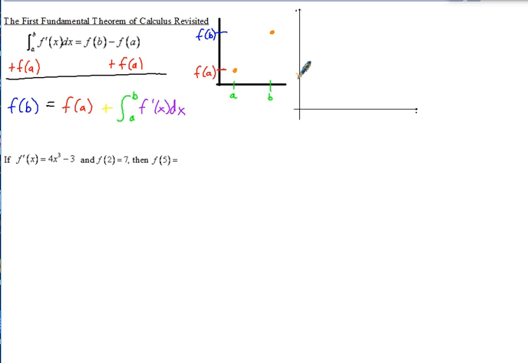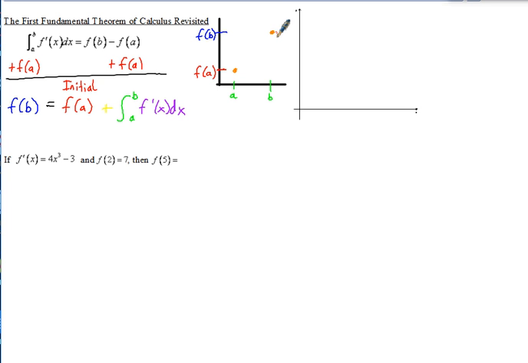So this tells you on this interval, this f of a is kind of like the initial y value, right? On this interval, this is the y value it starts at, so we're going to refer to this value as the initial value we know. Plus, when we add this definite integral, we end up getting the final value of this interval, f of b.